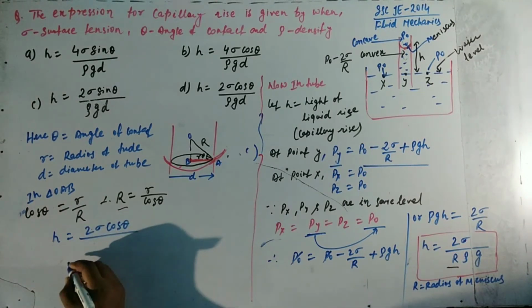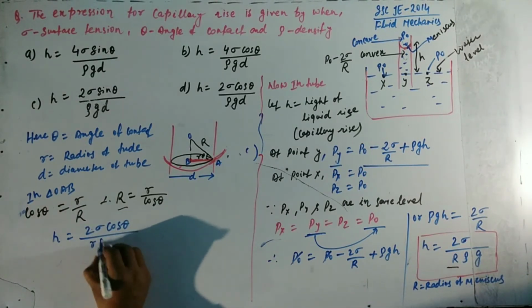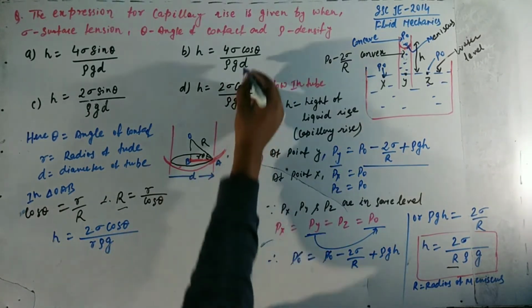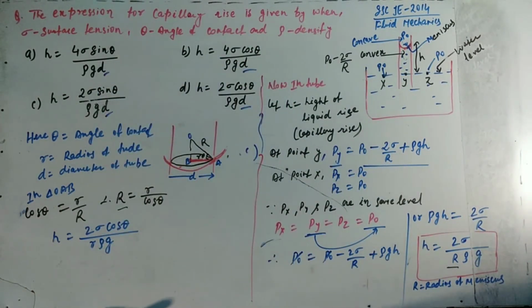Now we put the value of R, so h equals 2 sigma cos theta by r rho g.